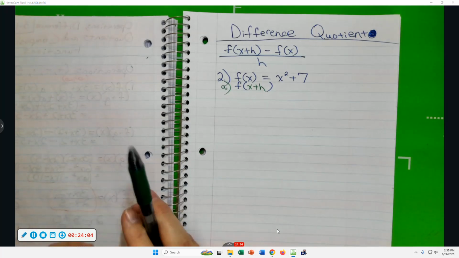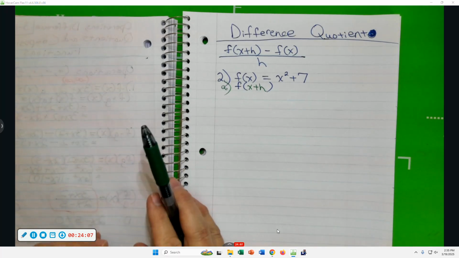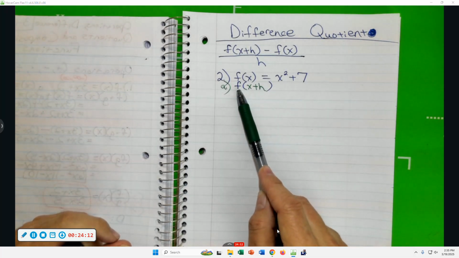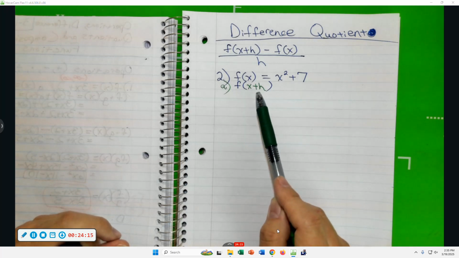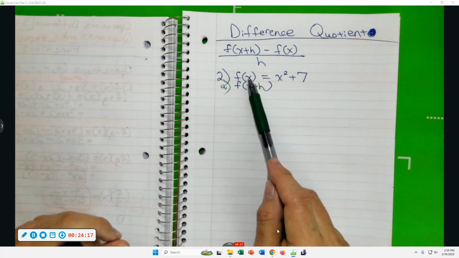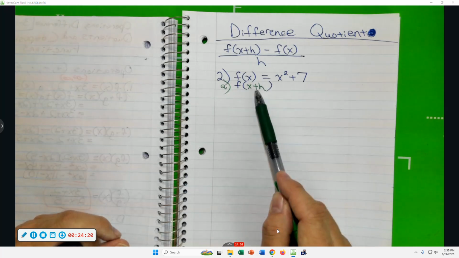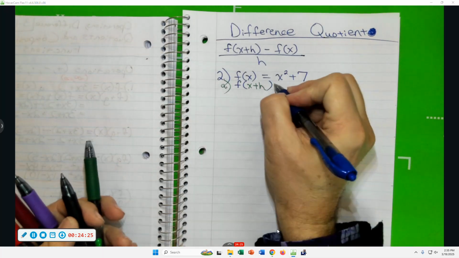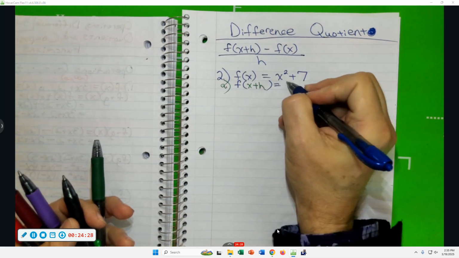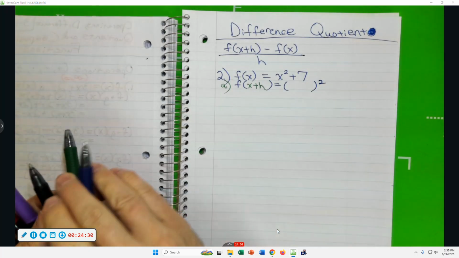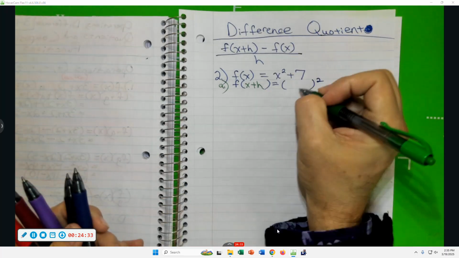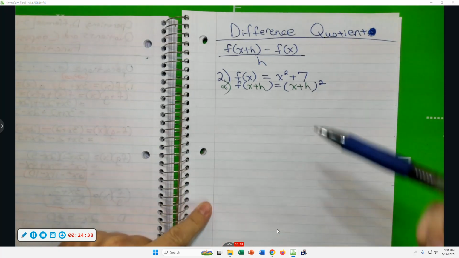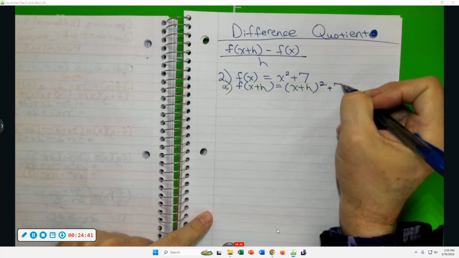We know how function notation works. Go to your function f. Wherever you see a variable, replace it with what's in the parentheses. So everywhere we see an x, we replace it with x plus h. We still have the square, but in place of that x we put x plus h, and we still have the plus 7 stuck on there.